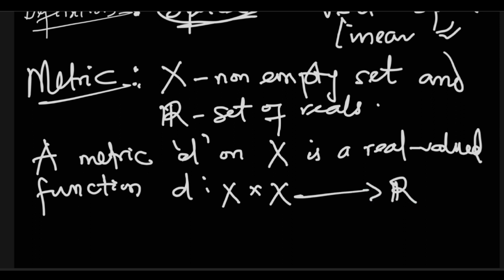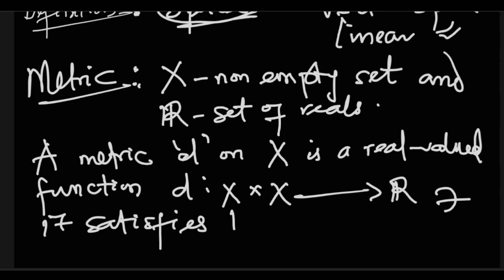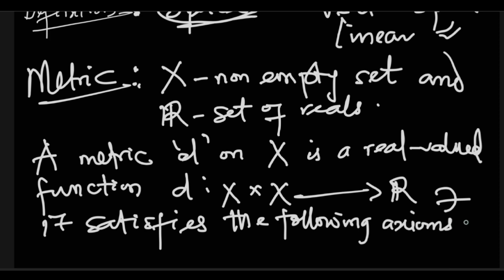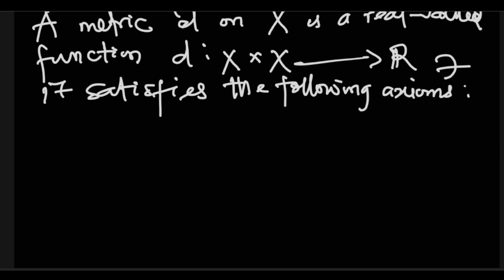Okay, so this is a real valued function such that it satisfies, that is, your metric D satisfies the following axioms. Remember we define axioms on space. So now when D satisfies these axioms, then you can call D a metric.